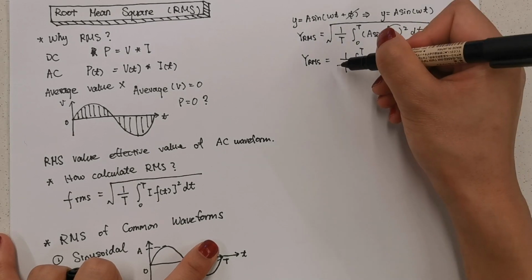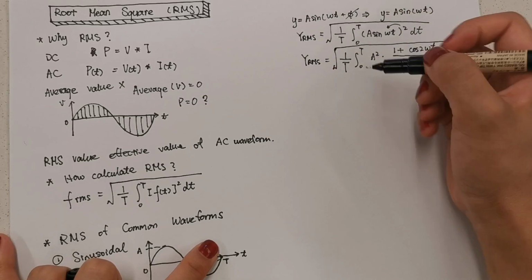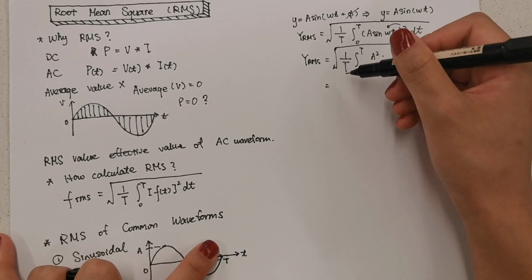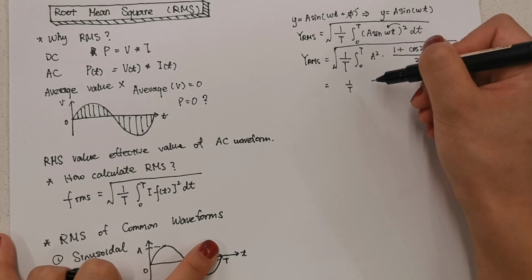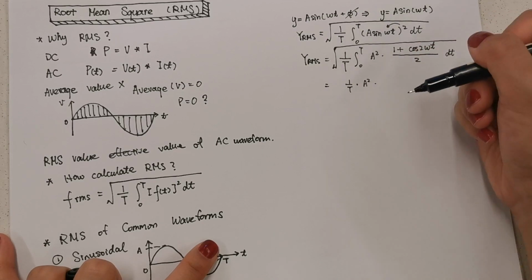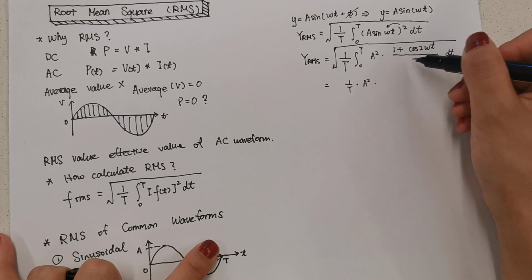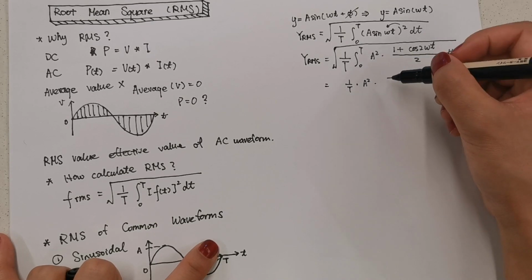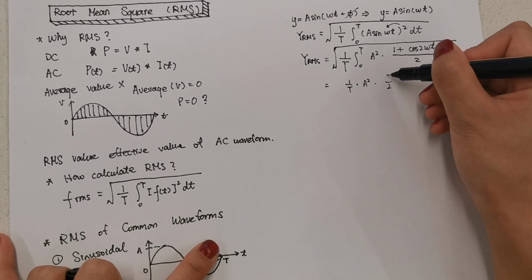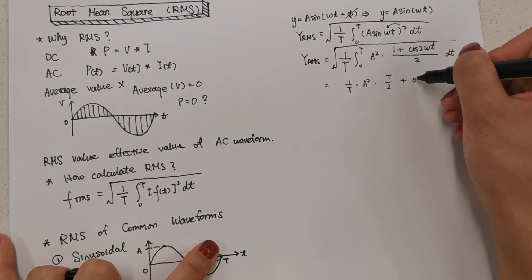We get 1 over T and A squared times, for the 1 over 2, T over 2, plus this part is 0.